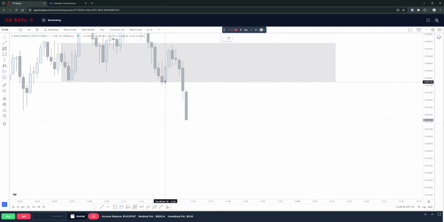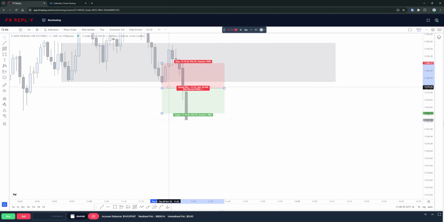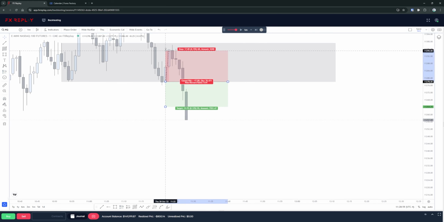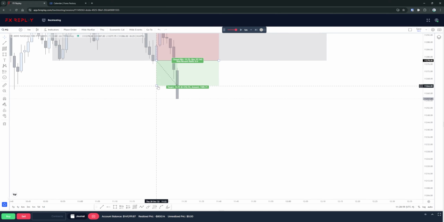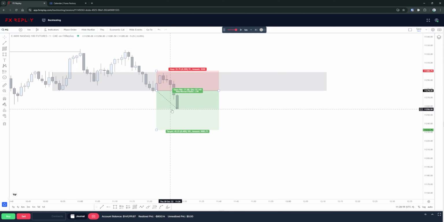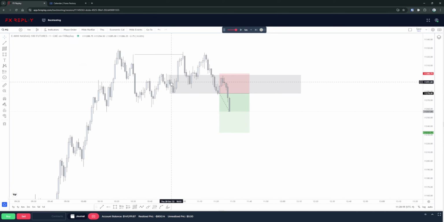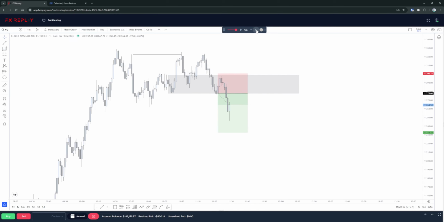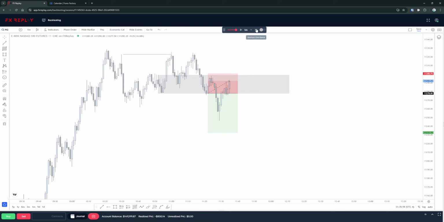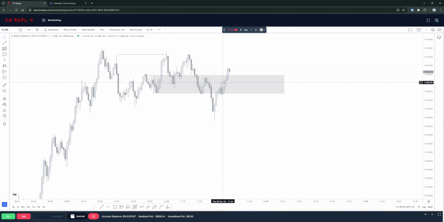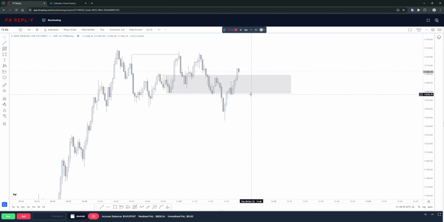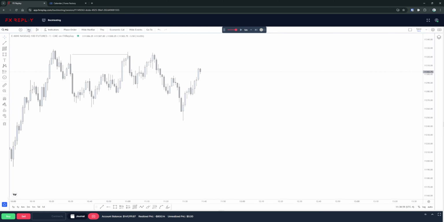You put your entry there after you get that closure. Your stop goes above the breaker, and that's when you target 2R. But that for me, I don't think I'd take that, especially after a loss. I know I did take 2 trades here, and that was even a loss. So we're kind of just a big range day.